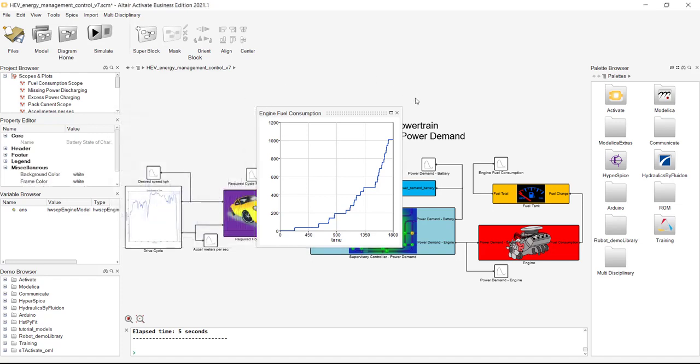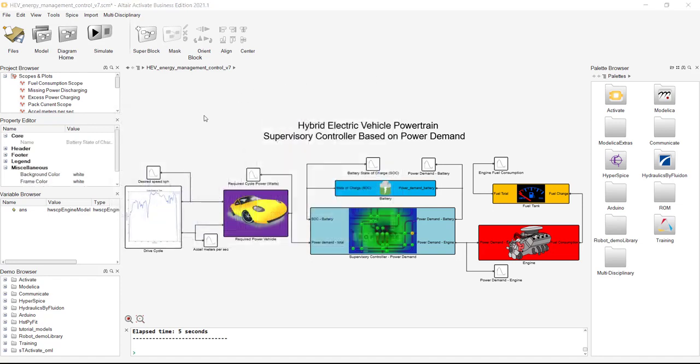So let's take a look inside this model and see how we get that behavior. On the left side, we see this drive cycle, similar to what we had in this other model. So this is producing a desired velocity over time that this vehicle has to maintain.